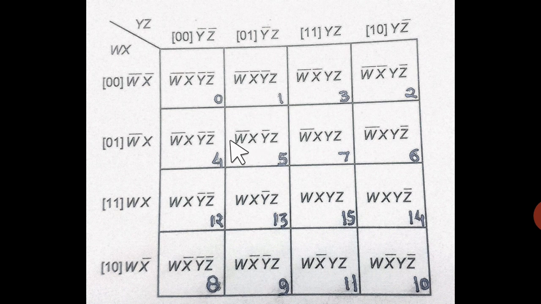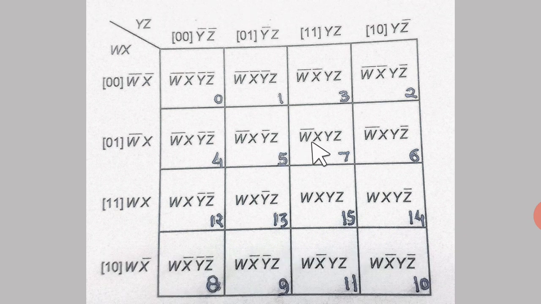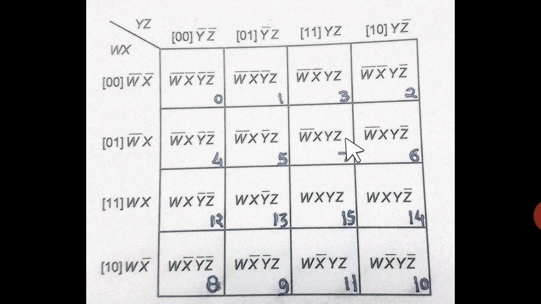Similarly you can check the other combinations: 4, w' x y' z', then w' x y' z, then w' x y z, because the row has the input combination w' x and the column is yz, then w' x y z'.